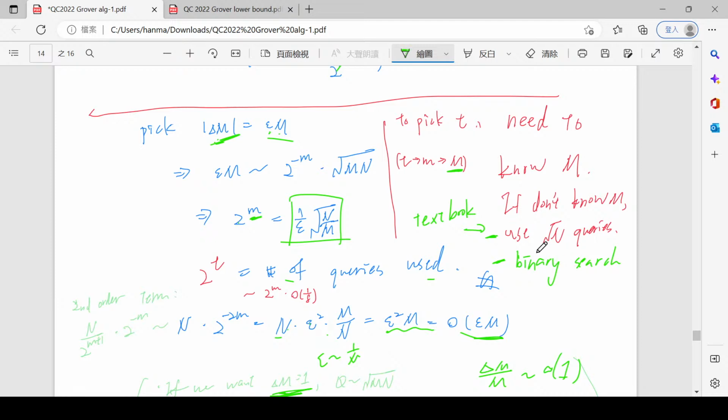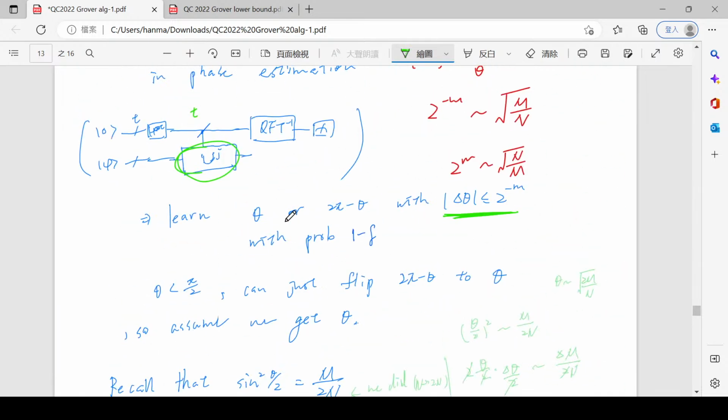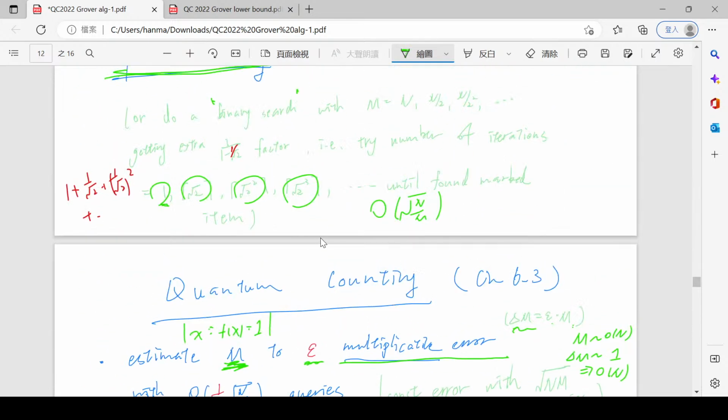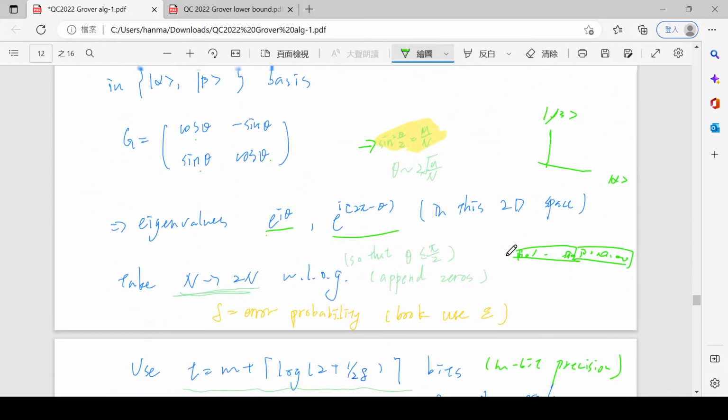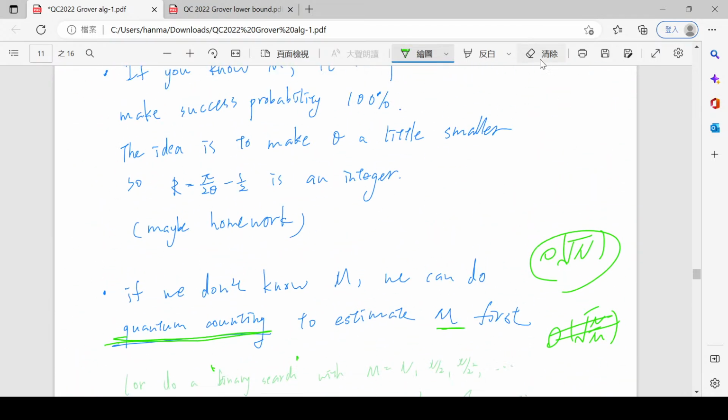In particular, that will allow you to do Grover search. So you don't know m, but you can at least do search with order square root of n. Although this is worse than what we know is possible, right? Because we know we should be able to do order square root of n over m. So it's a little worse. You can at least do this with quantum counting.